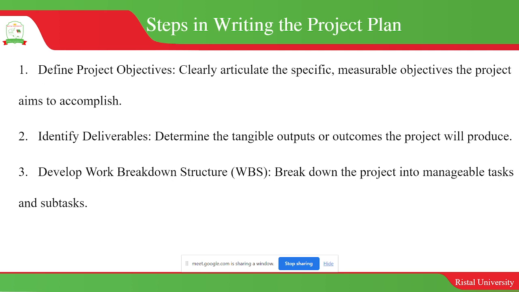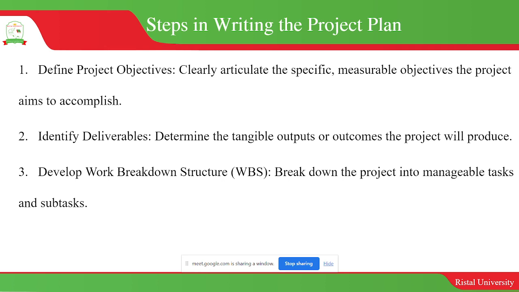So for you to write a very good project plan, you need to start by, but this may not actually be static in terms of moving from one step to the other, but usually, it is very important for you to start with the project objectives. What do you want to achieve? The objective should meet the SMART criteria.